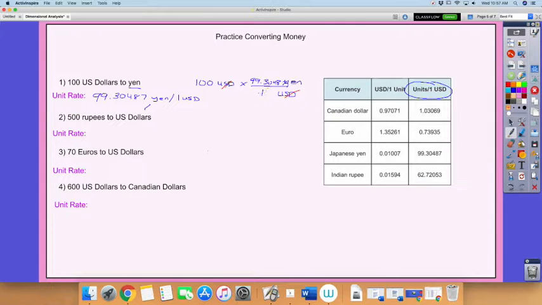So now when I want to solve, we just multiply straight across. And when we do that, we get an answer, and I'll put it down here. Let's put a 1. We get an answer of 9930.48 yen. So our 100 US dollars gets us 9,930.48 yen.